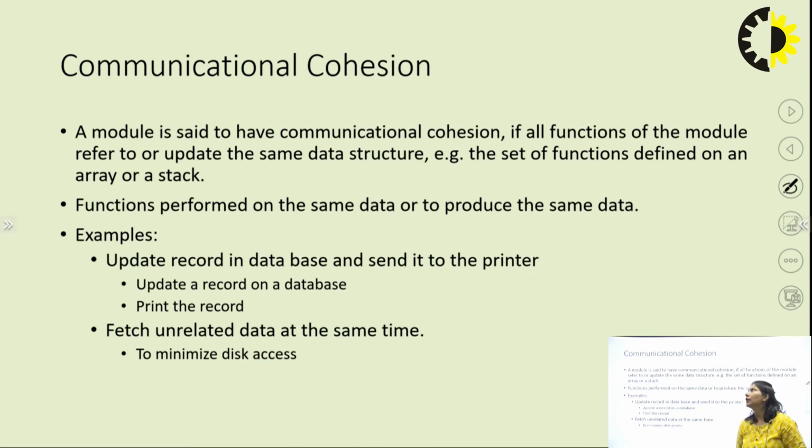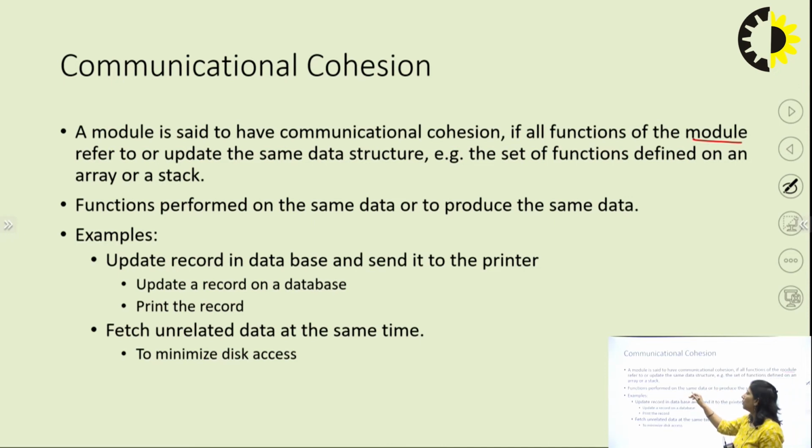Then another one is communicational cohesion. A module is said to have communicational cohesion if all functions of the module refer to or update the same data structure, right? For example, all functions defined on an array or stack are communicational. We are accessing the same place, we are doing the same thing.